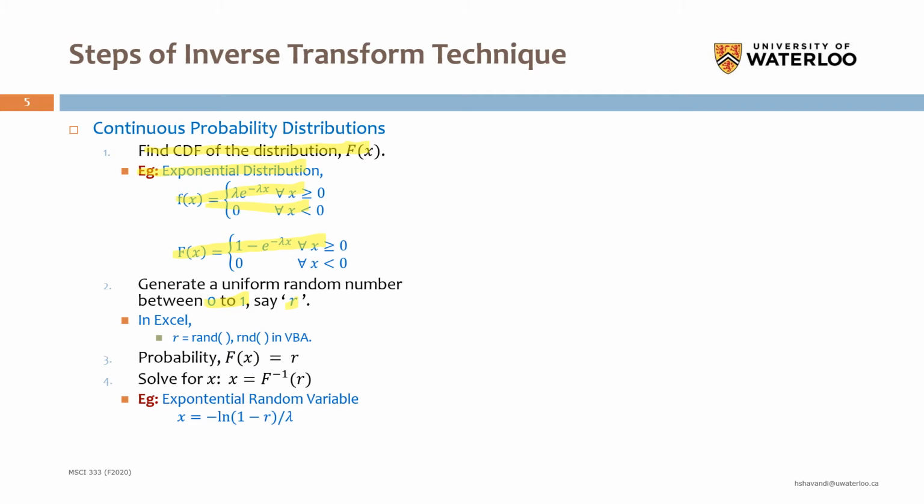Then we set the CDF equal to that random number and solve for X. As you see, we are obtaining the inverse function of the CDF, and this is why we call this method the inverse transform technique. For the exponential distribution, X becomes this. So by having a random number and this equation, we can obtain a random variate from the exponential distribution.